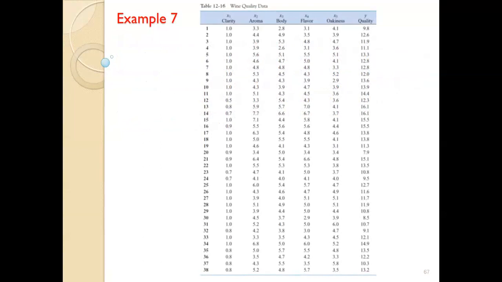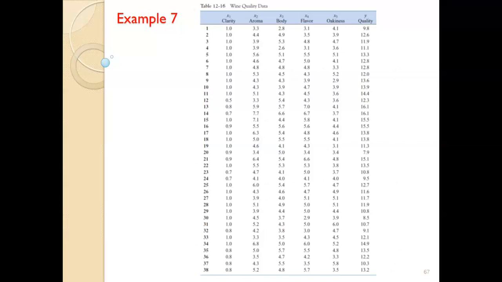This is you test the quality of wine, the taste or quality of wine. The quality of wine depends on x1 quality, x2 aroma, x3 body, x4 flavor and x5 oakiness. You would like to model whether all of these have an effect or not, but sometimes a parameter has no effect. You can cancel that.